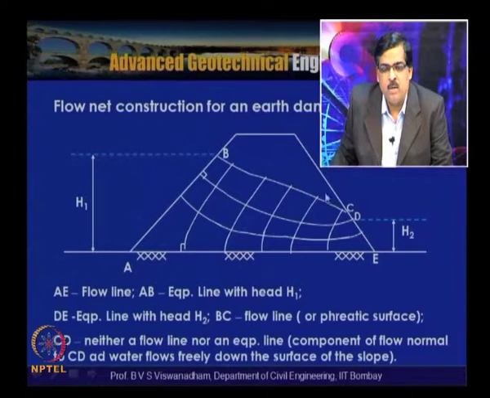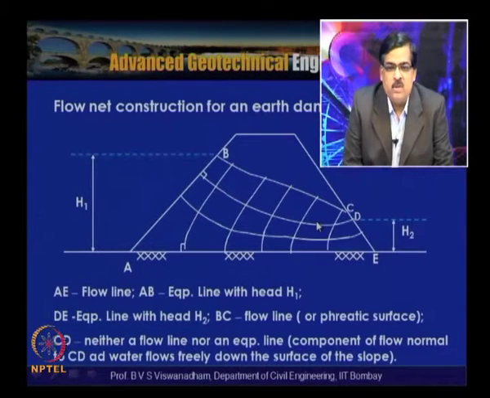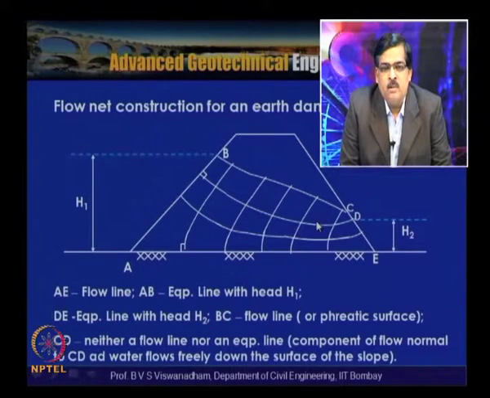It is generally between each equipotential line, so this is equipotential line 2, 3, 4, 5, 6. What actually happens is that as the pressure on the topmost flow line is 0, the total head is equal to pressure head plus elevation head. When the pressure is 0 because it is open to atmospheric condition, then the total head is equivalent to elevation head.